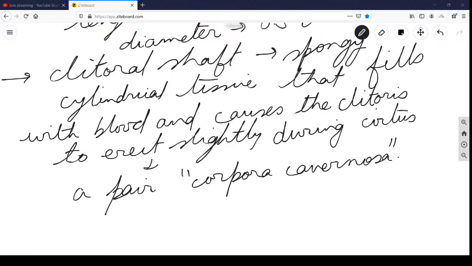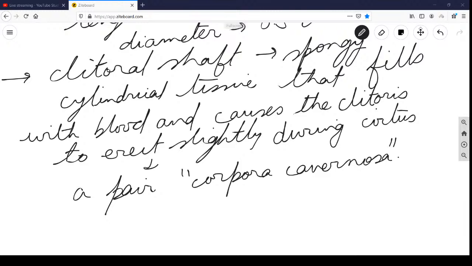At the base of the glans clitoris, the corpora cavernosa tissue branches and extends under the surface of the labia minora. Another spongy cylinder is present in the penis, known as the corpus spongiosum, which is not found in the clitoris.